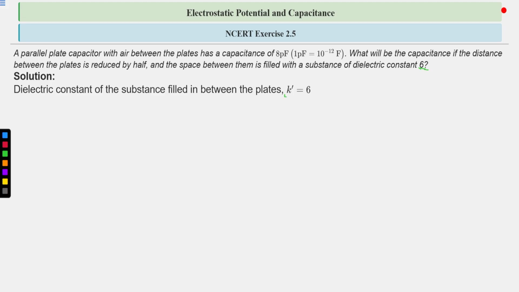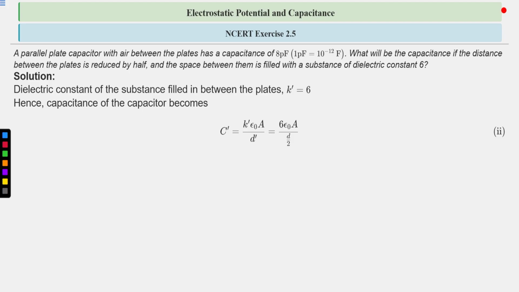Initially the dielectric between the plates was air, with dielectric constant 1. Now the dielectric constant of the medium inserted is K dash equal to 6. Hence the capacitance of the capacitor becomes C dash equal to K dash epsilon naught A upon d dash, where K dash is 6 and d dash is d by 2. Put it as equation 2.